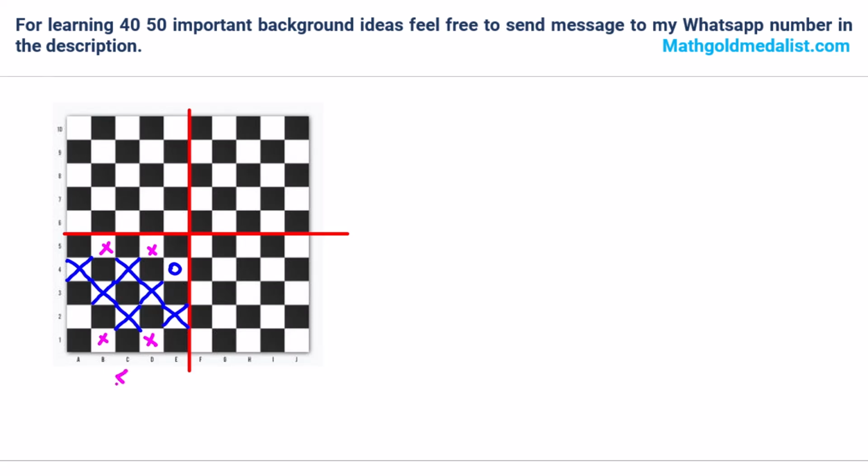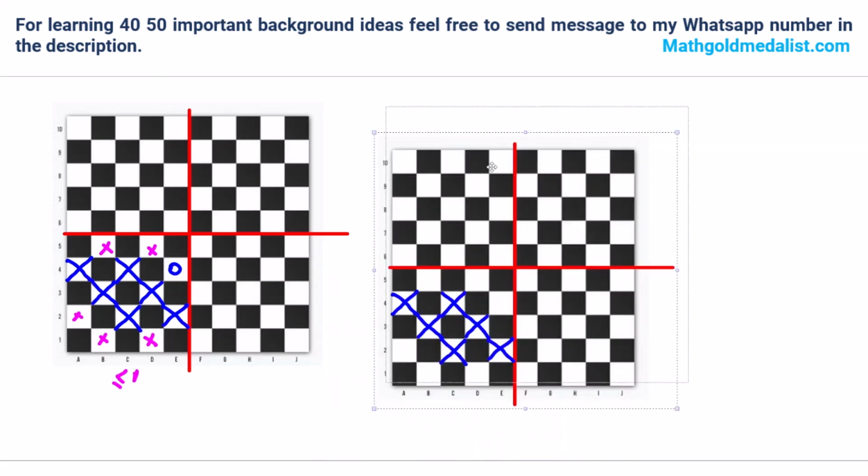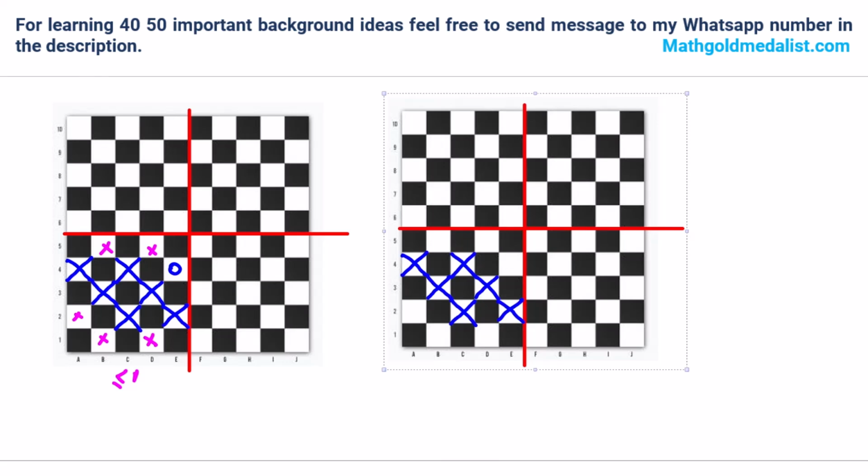Again, it is at most 2, right? Oh, no, at most 1 we can say, right? Agreed? So again, we can remove this. And similarly, we can remove this one, right?